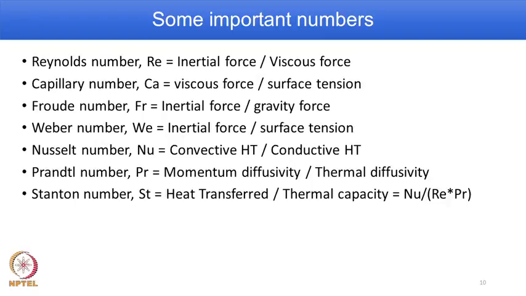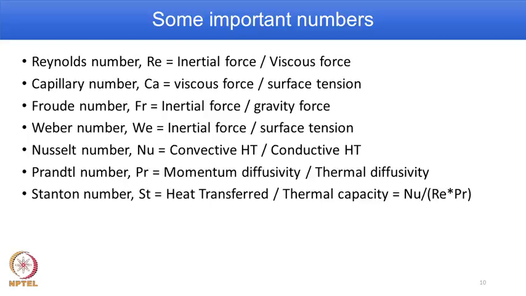The usual symbol is Re, and it is the ratio of inertial force to viscous force. Next is the capillary number, given the symbol Ca, which is the ratio of viscous force to surface tension. The Froude number is generally used for flows where gravity effects are considered. It is defined as the ratio of inertial force to gravity force.